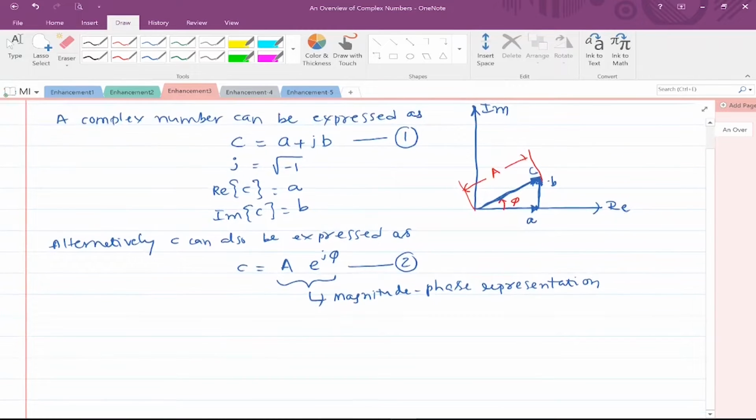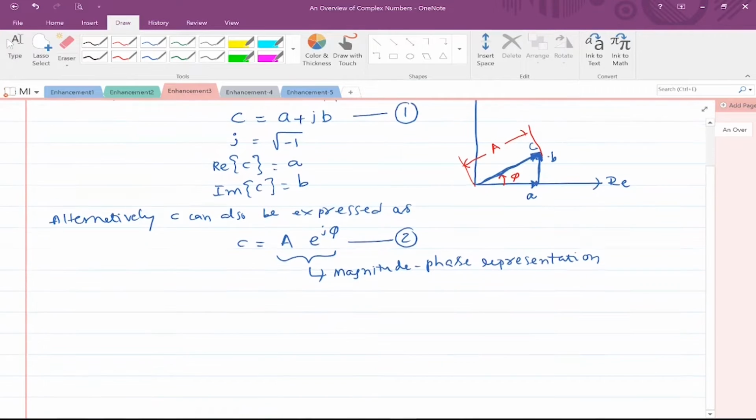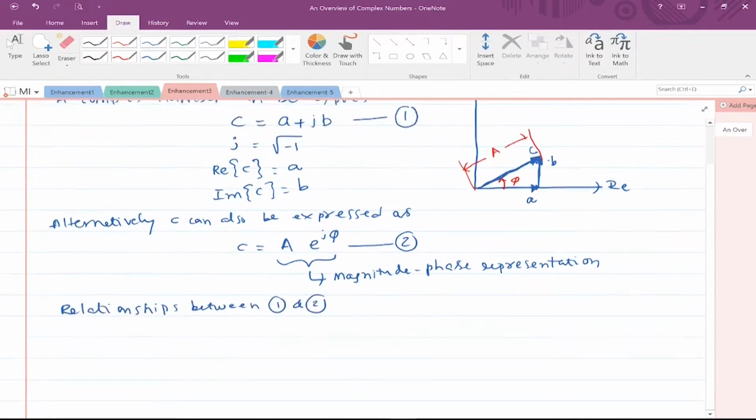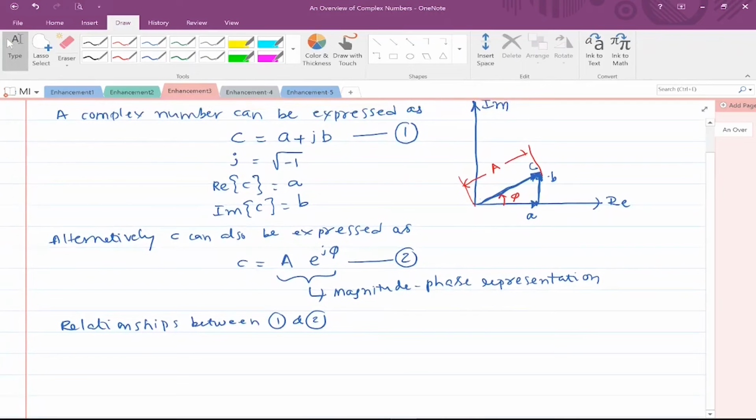Let's also mention the relationship between the real and imaginary part based representation and the magnitude phase representation. Let us write down the relationships between 1 and 2. Assume that you are given the real and imaginary part representation shown in equation 1.